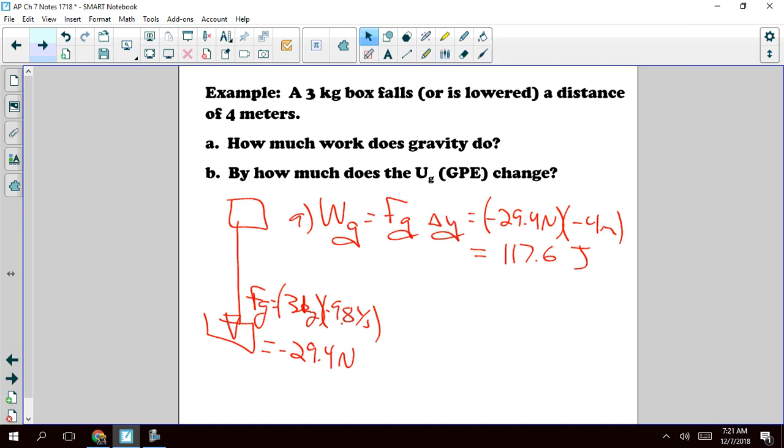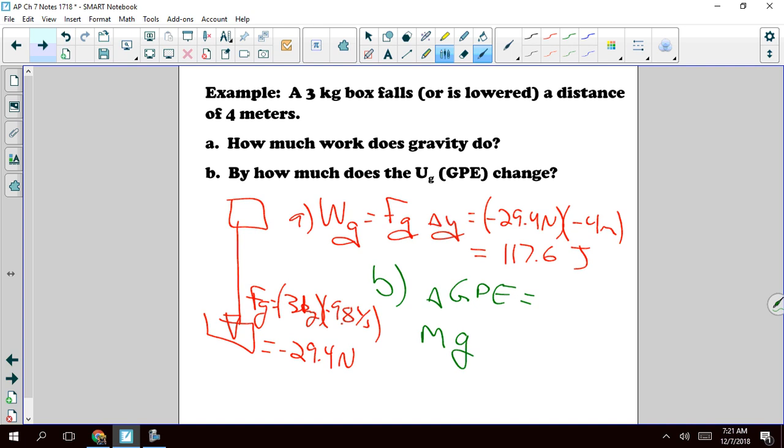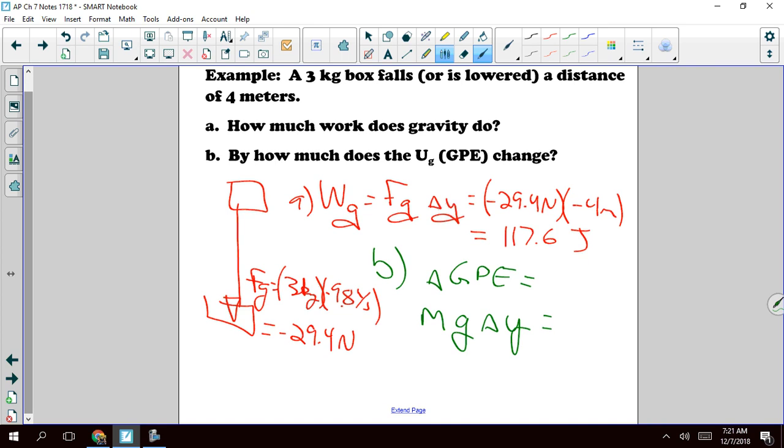And then for part B, let's find our change in gravitational potential energy. Well, that's just mass times gravity times delta Y. So 3 kilograms times 9.8 meters a second squared. Remember, g is positive. Our delta Y is negative 4 meters.